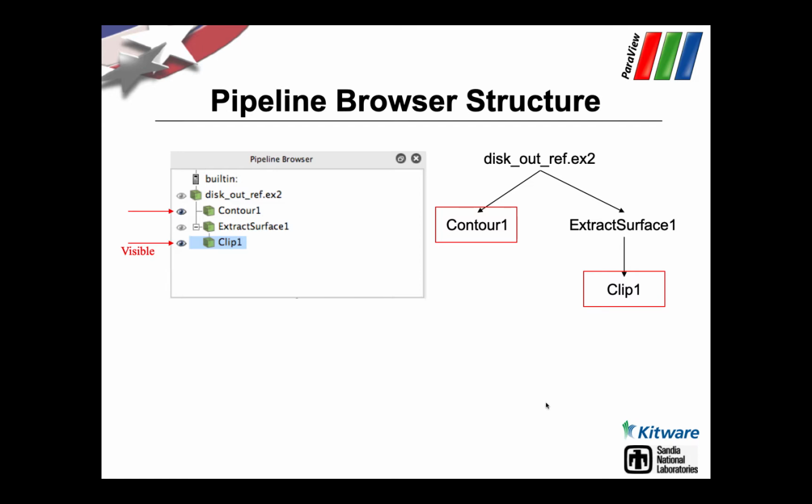So the way this looks, what I just built: I loaded this original file. I built the contour filter from this, and that's how I got the hot region of that cylinder. And then I extracted the surface out from the original one and I clipped that surface, not the contour, but the surface, right? And you can build this tree however you like.